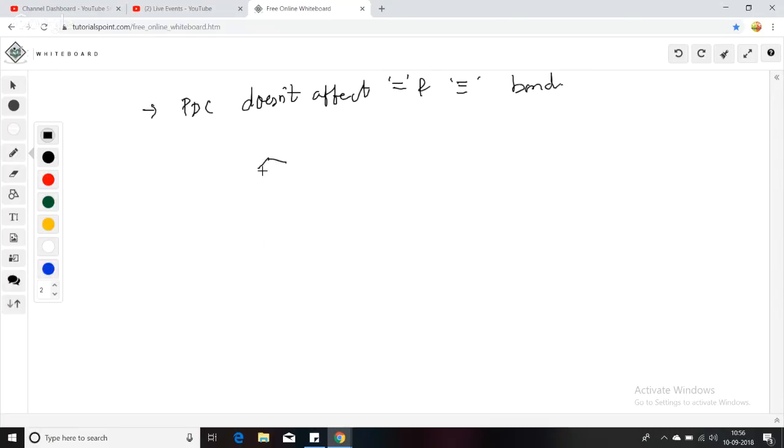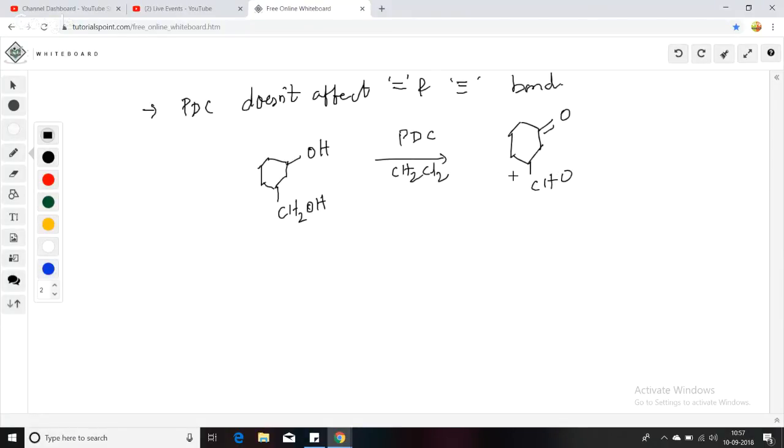So if I write down this one, here we have OH and here we have CH2OH. When this reaction takes place in presence of PDC, and the solvent we are using here is CH2Cl2, dichloromethane, the 2 degree alcohol converts into ketone, C double bond O, and the 1 degree alcohol gives you aldehyde, CHO.